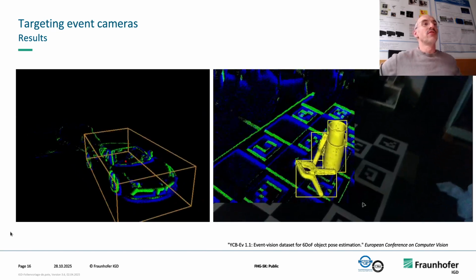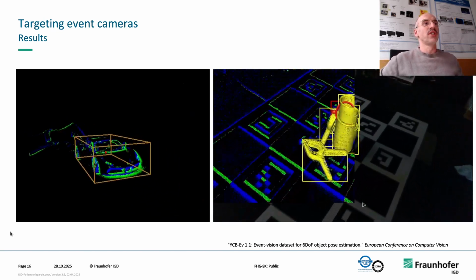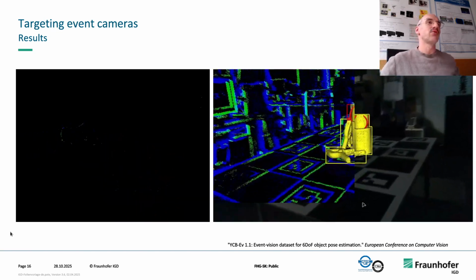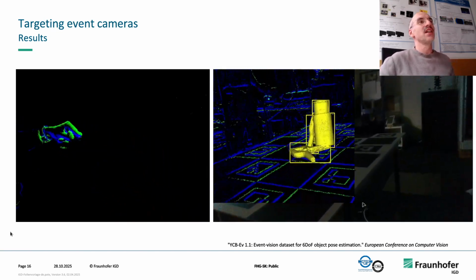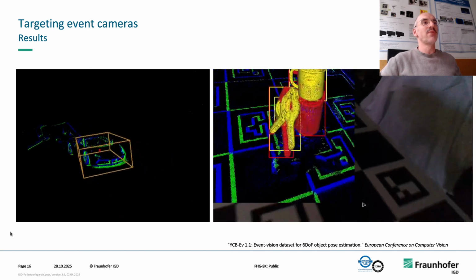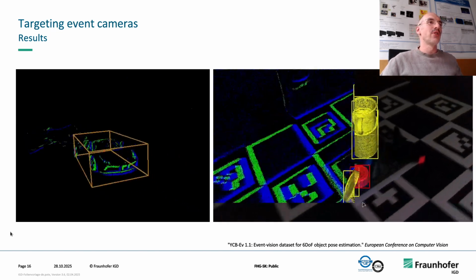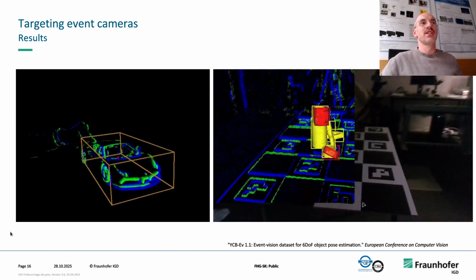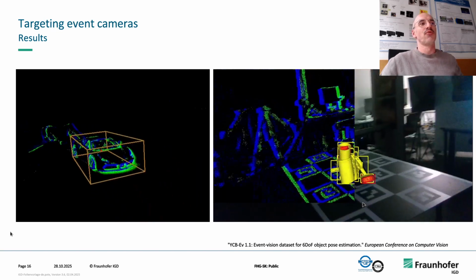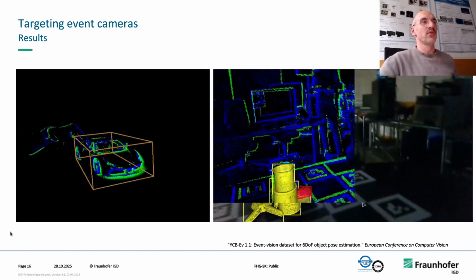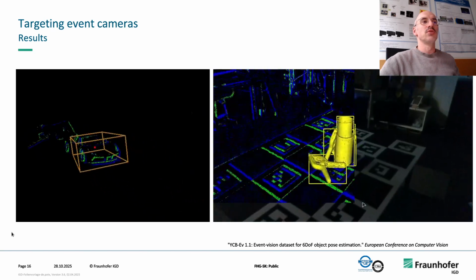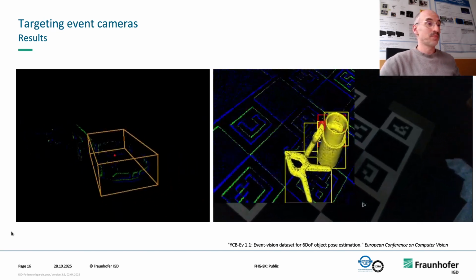Also, if you want to evaluate any advantages of the event camera compared to RGB frames, we created a dataset where we have synchronized event frames and RGB frames, and also pose annotations where you can test whether the advantages are worth it for you. And the title is on the bottom in case you want to search for the dataset.